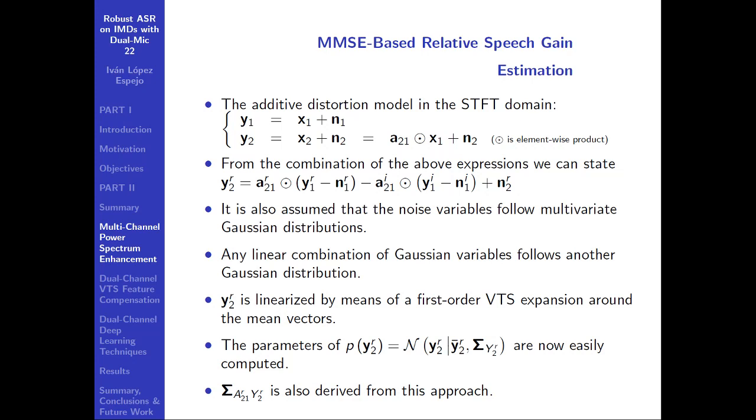And as any linear combination of Gaussian variables follows another Gaussian distribution, this expression is linearized by means of a first-order VTS expansion to easily estimate the required parameters, I mean, the mean vector and the covariance matrix of noisy speech at the secondary channel. Finally, the cross-covariance matrix between the speech gain and the noisy observation at the secondary channel is similarly derived by following this same scheme.